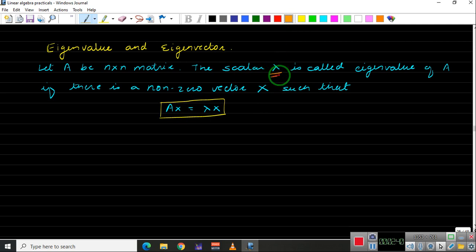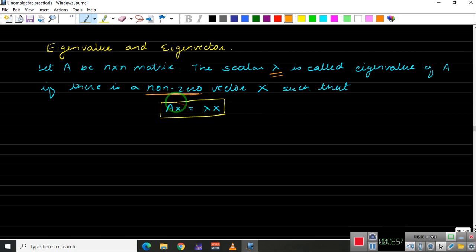Now we call this lambda an eigenvalue, and remember this is also important, non-zero, because if we allow x to be 0, then that will be satisfied for all values of lambda, because A into 0 will be equal to 0, right?